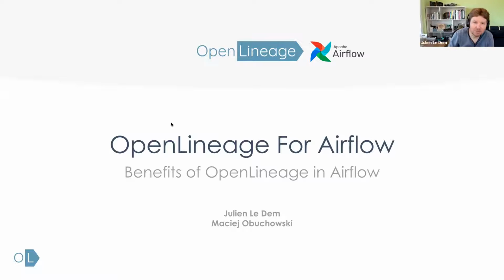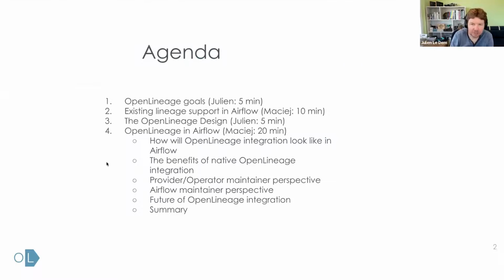So we prepared a bit of an agenda, and thank you, Jarek, for giving a lot of feedback on what would be good topics. I'll start with a quick intro on the OpenLineage goals, but it's just a quick reminder. I'll go fast, and then Maciej will talk about the existing lineage support in Airflow and what existed before this.